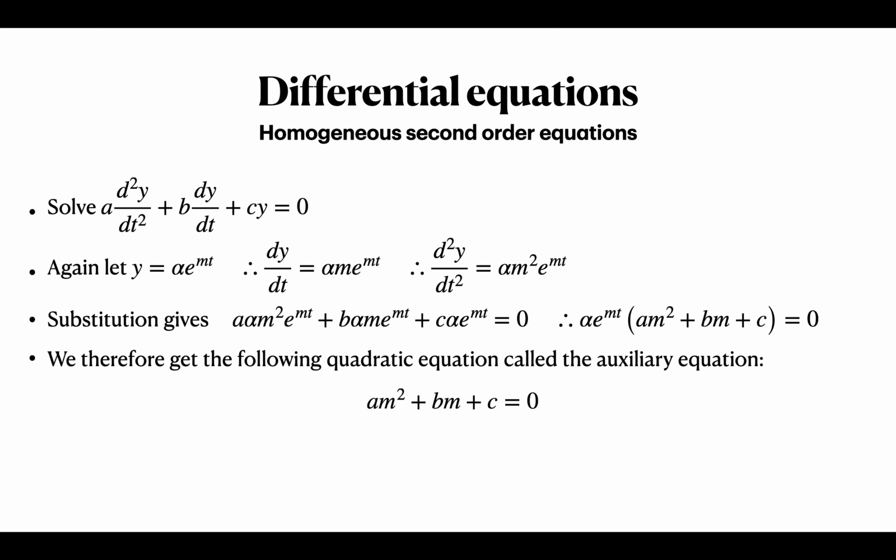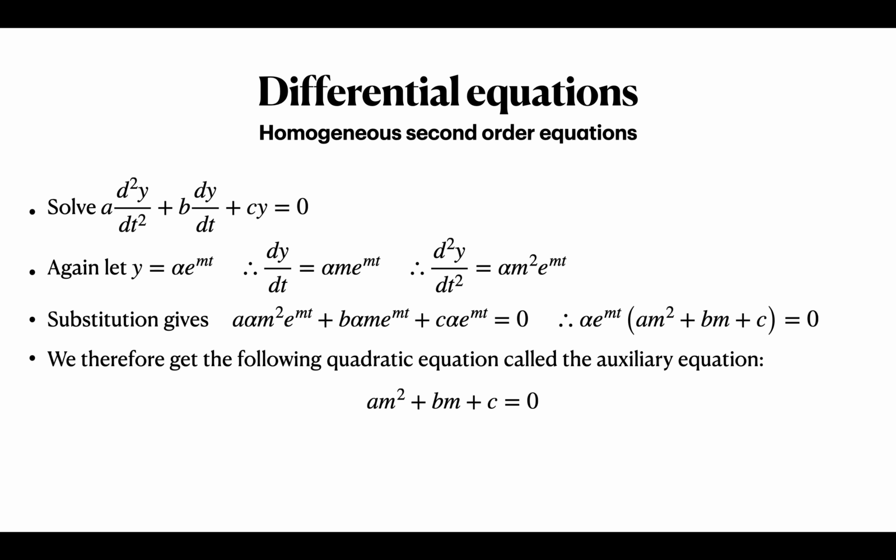And because it's so important and it occurs so frequently, it has its own special name, and its special name is auxiliary equation. Okay, so it's am squared plus bm plus c is equal to 0. Now, a, b, and c, as we will see, will be given to you. You know what they are, and so you can solve for m.